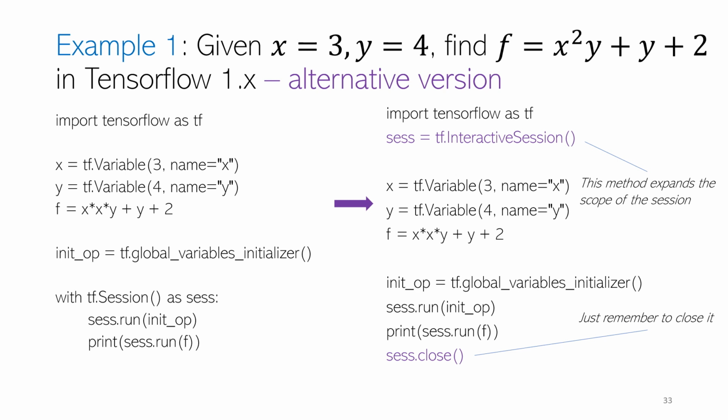Then you can create your computation graph, and using that session object, you can run any node on the graph that you like. But remember that at the end, you need to close that session. What this with block does for you is that it takes care of closing the session, even if you encounter an error.